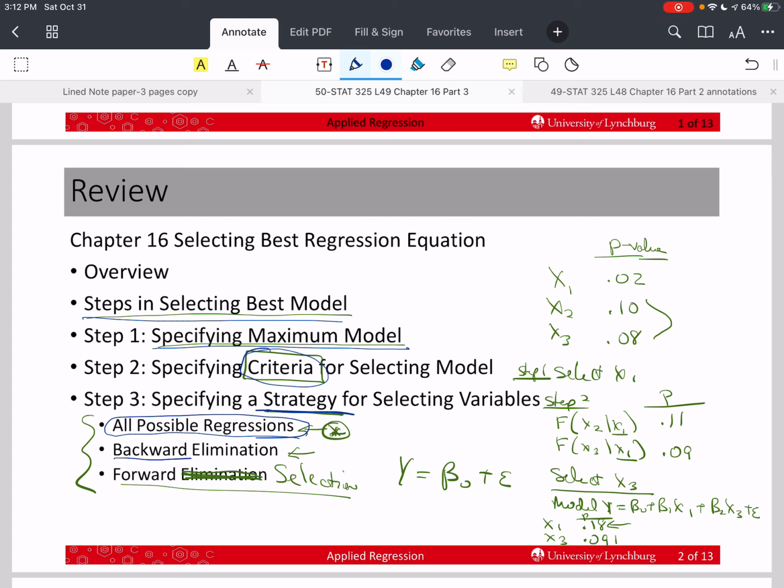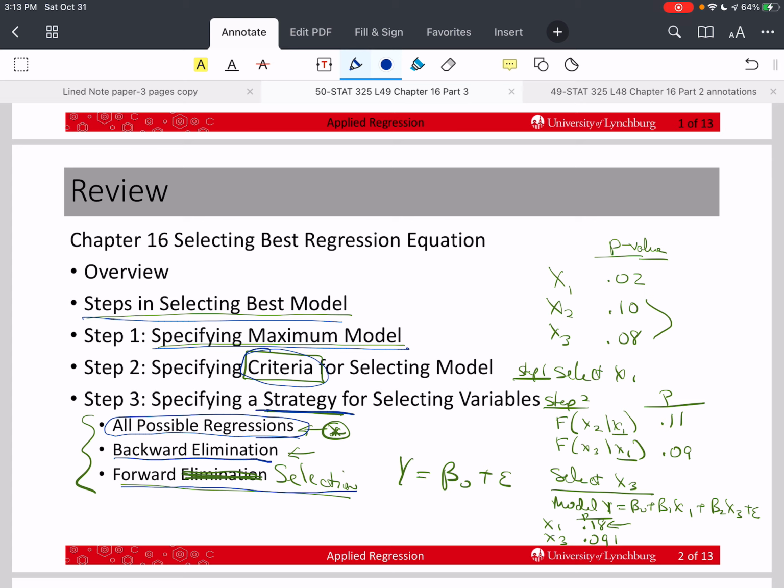Then we've talked about backwards elimination. We start with a full model, and then we remove any variables from the model that are above our threshold. And a good threshold is usually 0.1 in that case. And then forward selection is where we start with nothing in the model, a zero-based model or null model, and then we choose the single variable that has the lowest p-value of all the variables in the pool of predictor variables.